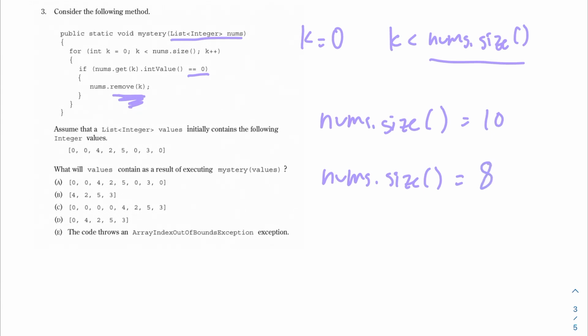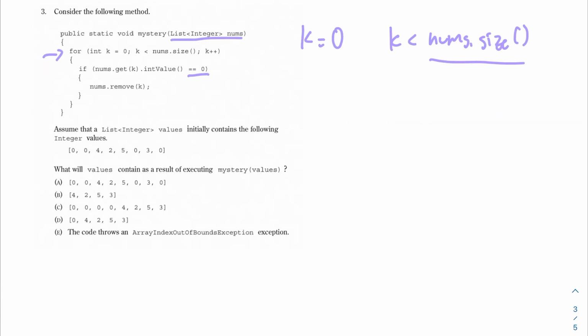So we might actually end up skipping over certain indices based on what our k is and based on what our current size is. Every time we go back to the top of our for loop and we compare int k to nums.size, we're recalculating nums.size, so it has a potential to be different. Okay, so just keep that in mind.